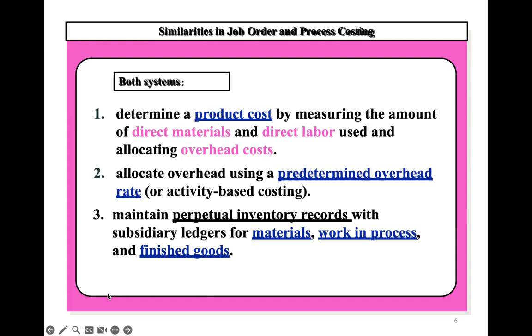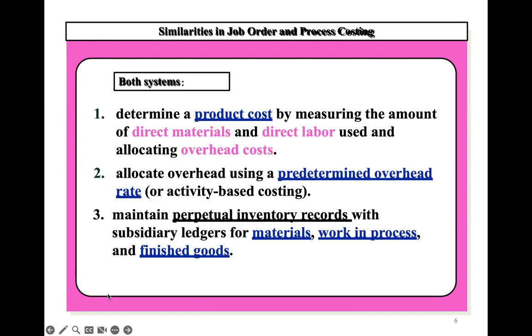Likewise in process costing also, we have to consider direct material, direct labor, and overhead costs. Okay. Then the second similarity: allocate overhead using a predetermined overhead rate.